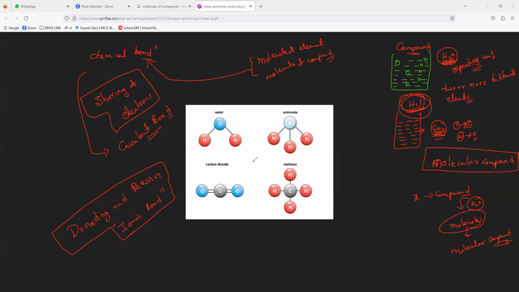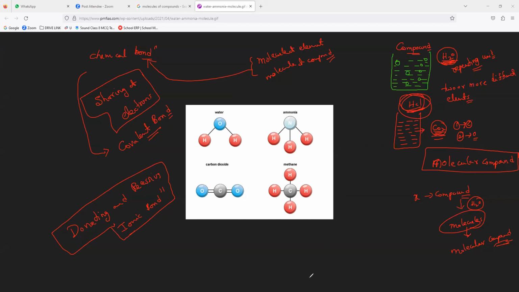My question is, are all the atoms bound with the same strength of forces or different strength of forces? Is it the same force of attraction everywhere or different? Different.